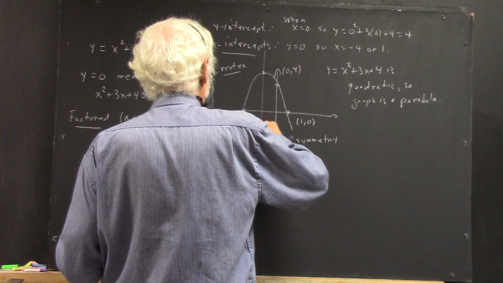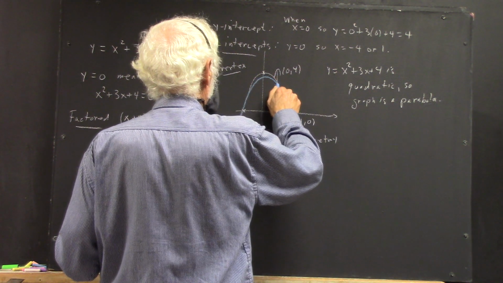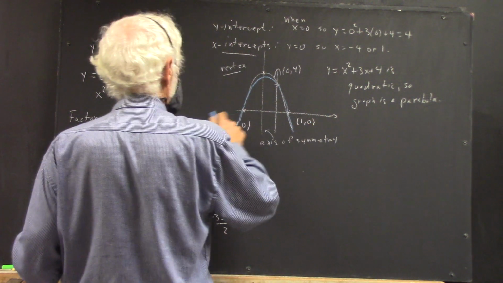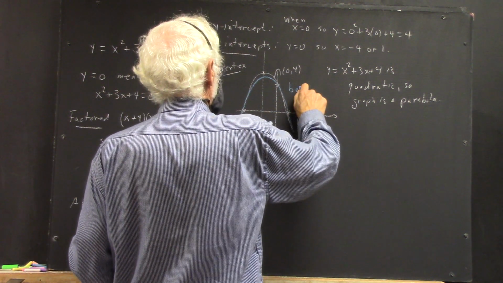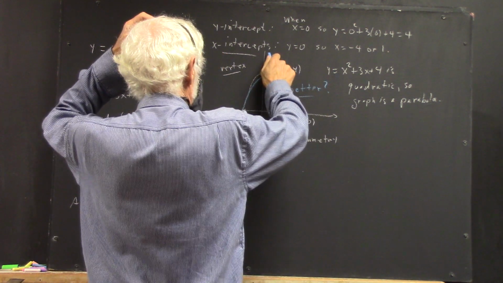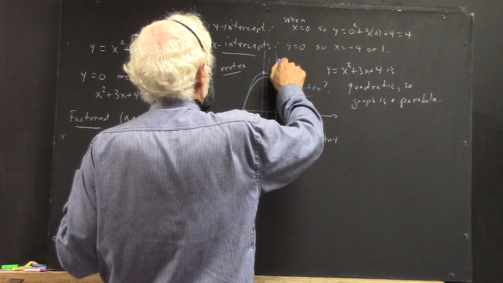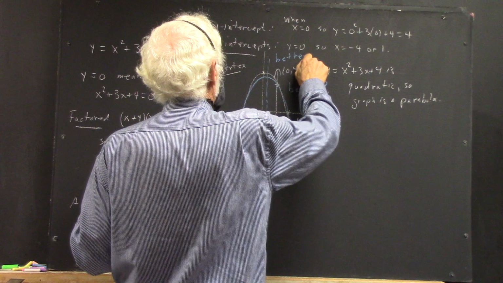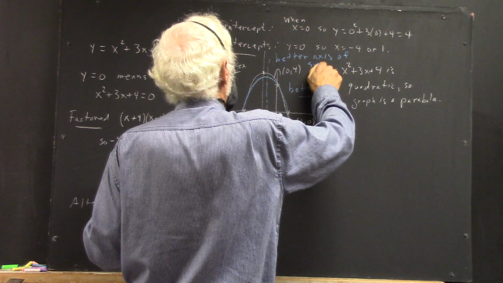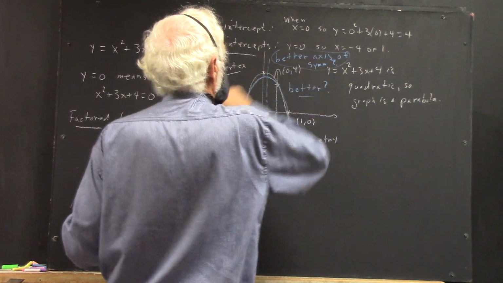So I maybe could have improved it by making it just a little flatter through here, maybe to come up through here, and maybe down through here. Is this better? Well, that would put the axis of symmetry here. Is this a better axis of symmetry?